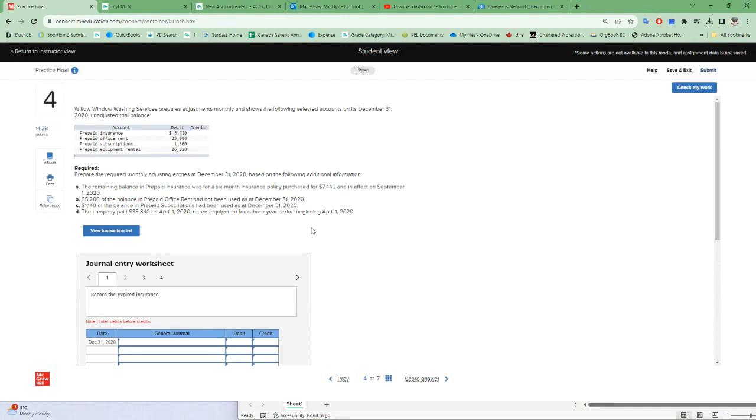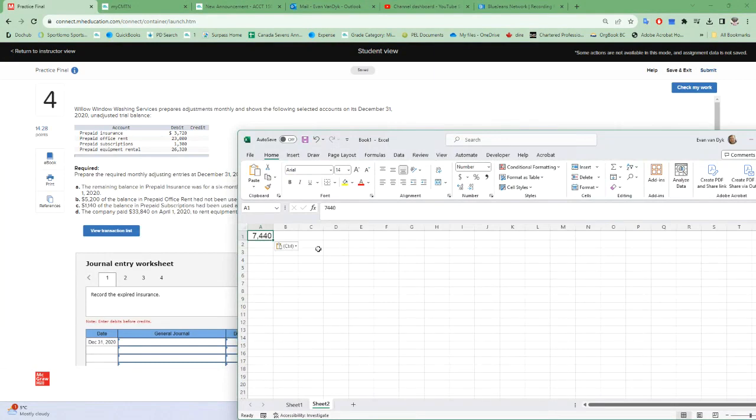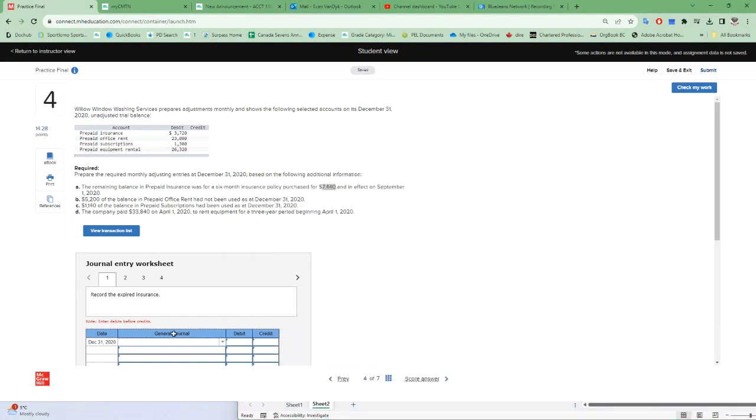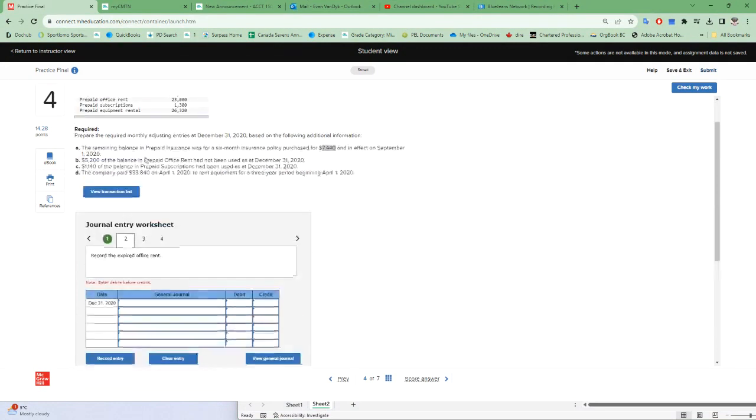So we need to take our 7440 and divide it by 6, and we get 1,240. So every month they're going to move their insurance expense up by 1,240, and they're going to reduce their prepaid insurance by 1,240.